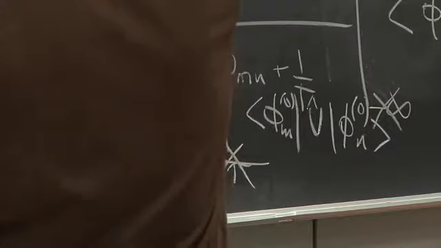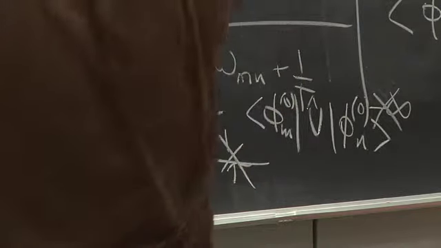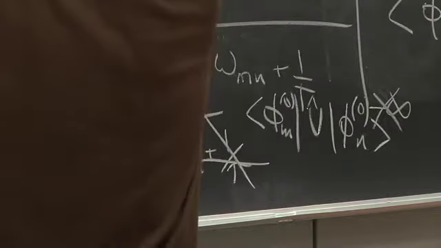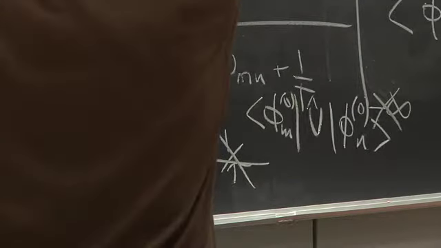So I rewrite this up here, and this would read 1 over E unperturbed. These are unperturbed energies.